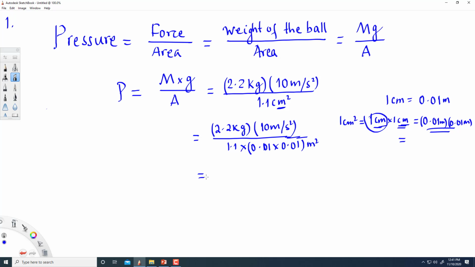So we need to do the calculation. So let's see what you get. Anyone has a calculator? Can you do the math and see what you get?